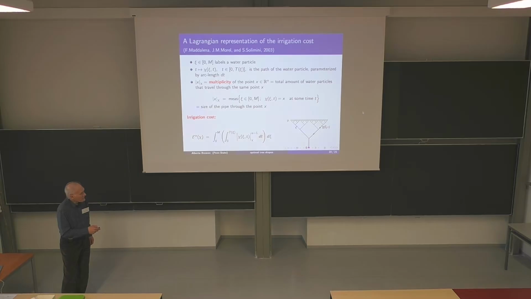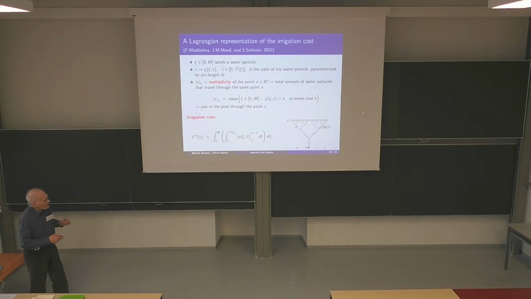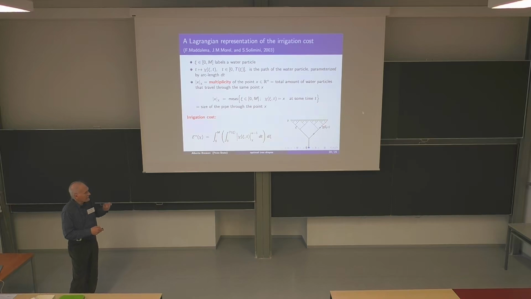So one water particle, for example, goes here, and another one goes here, and so on. Okay. So what is the cost of each path of the water particle? Well, to find this cost, we have to find if they are traveling on small pipes or big pipes, right? Big pipes are cheap, small pipes are expensive.